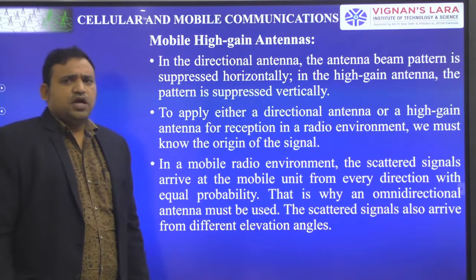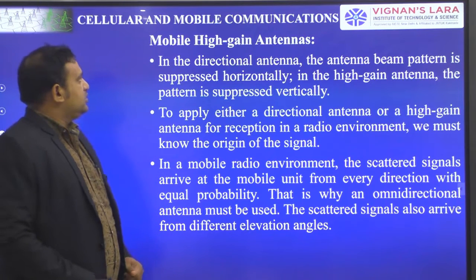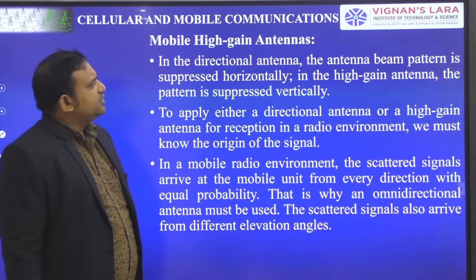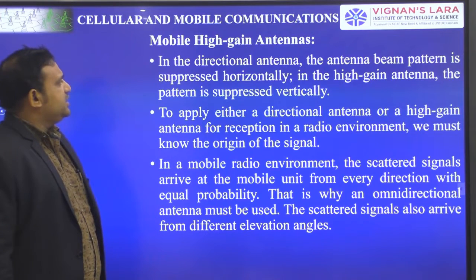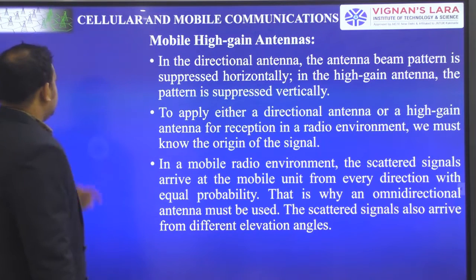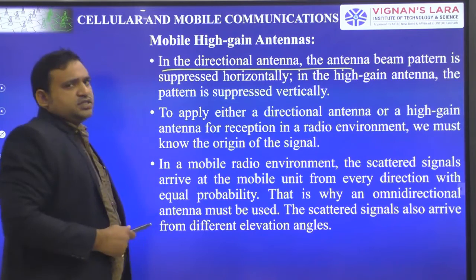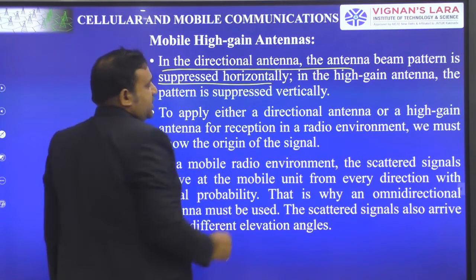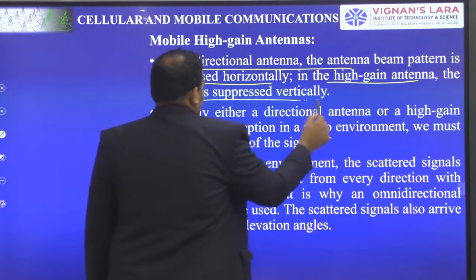Next, about high gain antennas, mobile high gain antennas. In a directional antenna, the antenna beam pattern is suppressed horizontally. So this is just a comparison. In a directional antenna system the beam is suppressed horizontally, but in a high gain antenna system it is suppressed vertically.